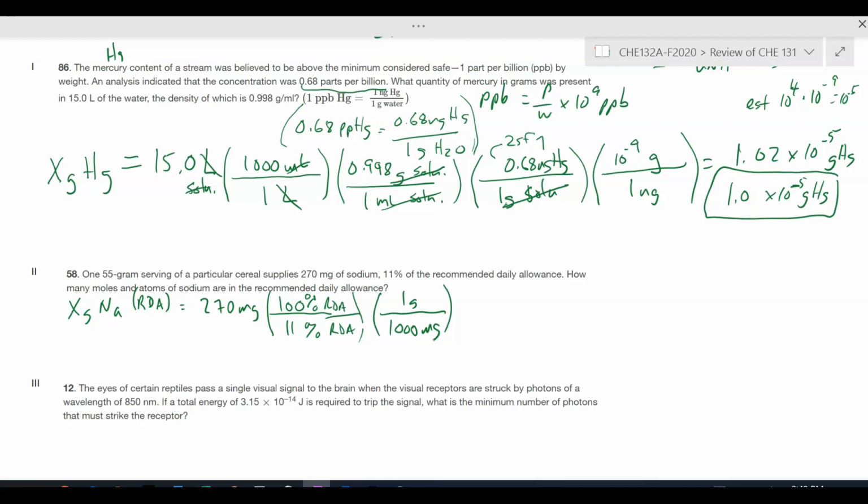270, 100 over 11 is going to be about 9, right? So 270 times 9, well, it's going to be 300 times 9. 3 times 9 is going to be 27, so it'd be like 2,700. 2,700 minus 10% would be 270, because 30 is 10% of 300.